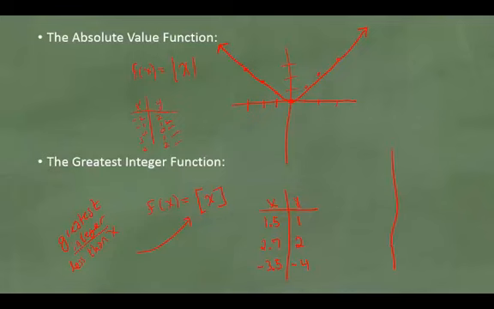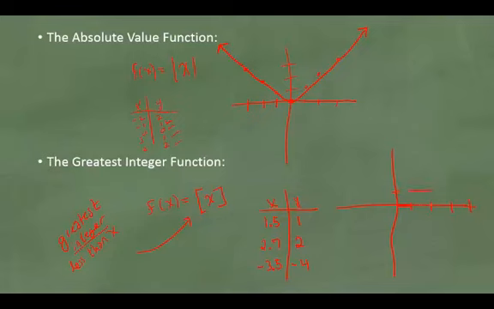Okay, so now we have the idea, we can graph this. There's 1, there's 2, there's 3, there's 4. For all the numbers between 0 and 1, the greatest integer less than all of them is just 0. For all the numbers between 1 and 2, like 1.5, the greatest integer less than that is 1.